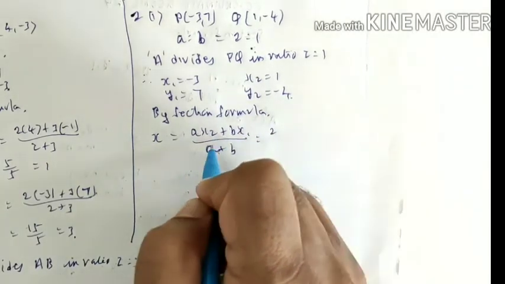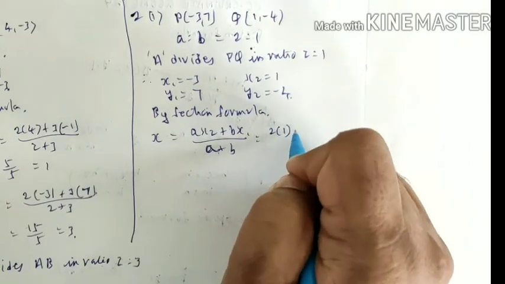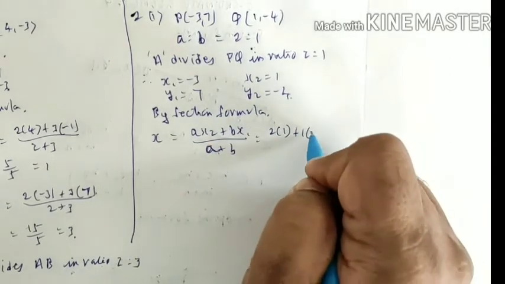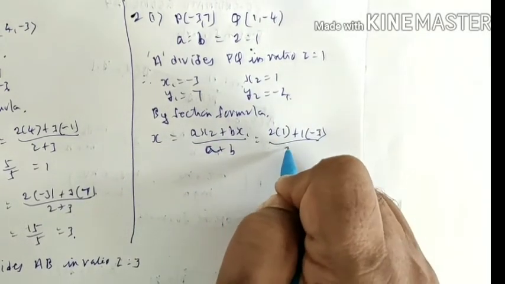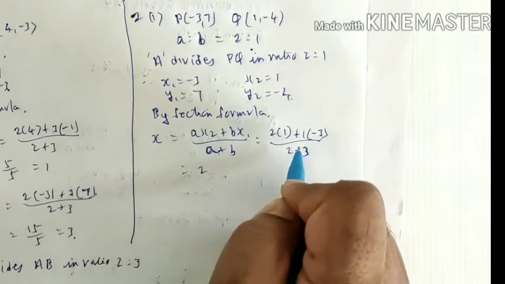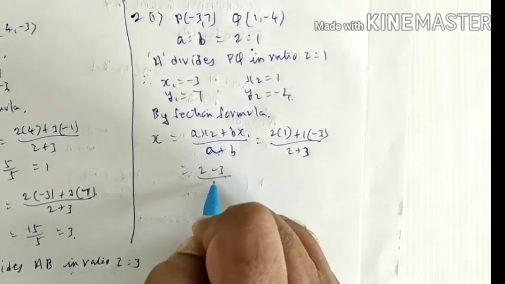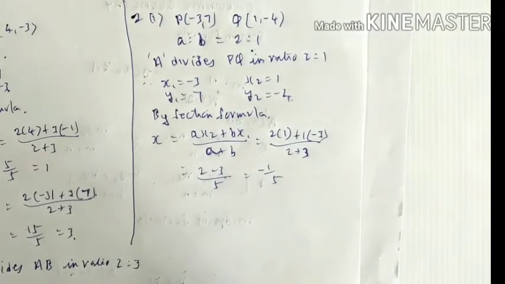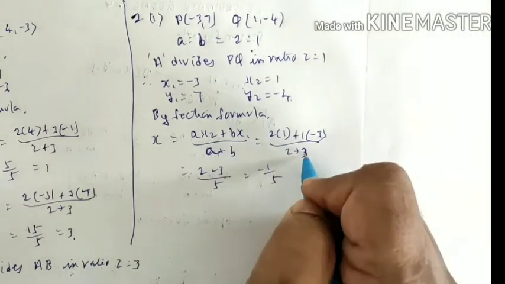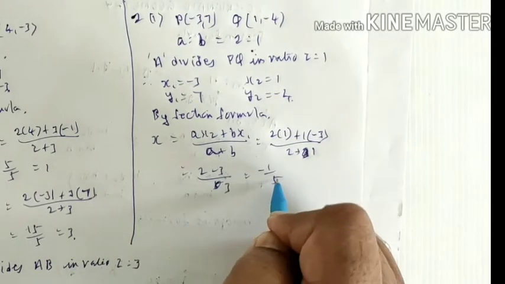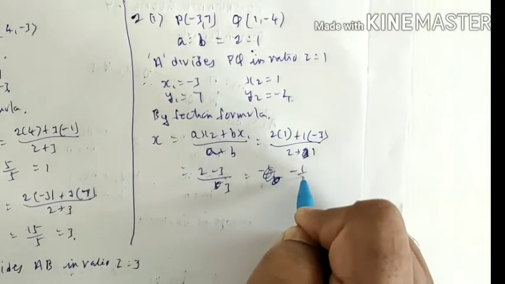The value of a is 2, x2 is 1, the value of b is 1, x1 is -3, upon a plus b, which is 2 plus 1. So it is equal to (2 - 3) upon 3, that is equal to -1 upon 3.